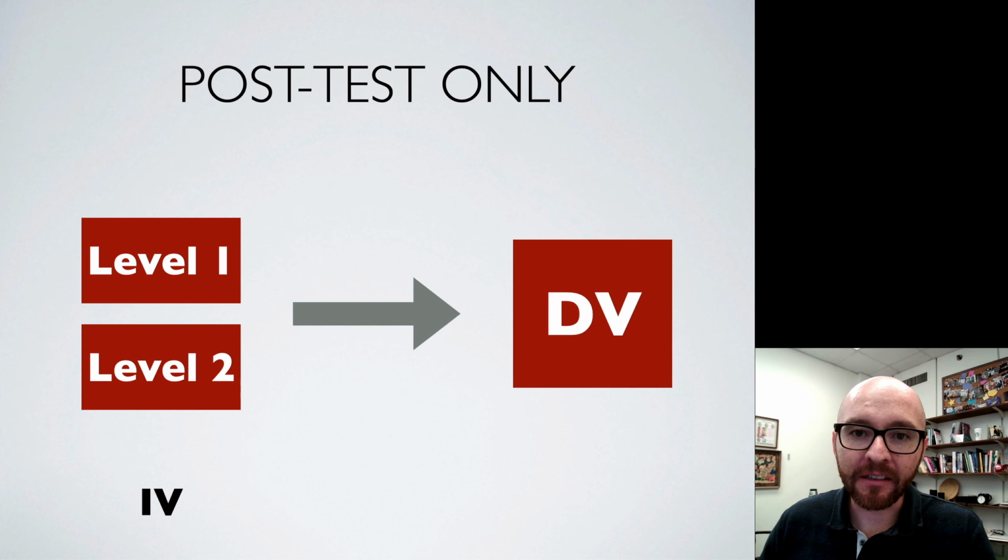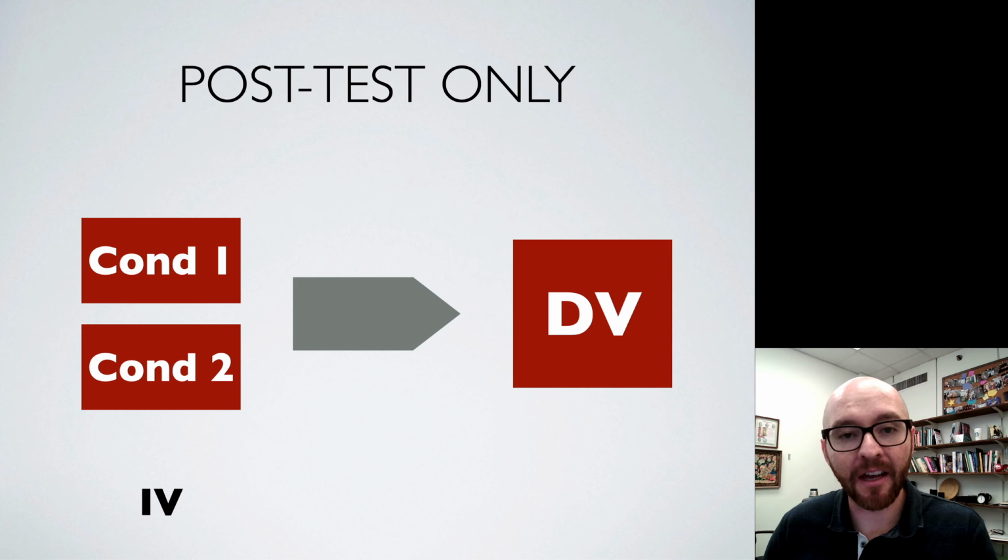Post-test only means that they get measured on the DV once after they get exposed to the IV. So again, post-test only means that first they experience the IV, so either condition 1 or condition 2. And then you get the measure of the DV.